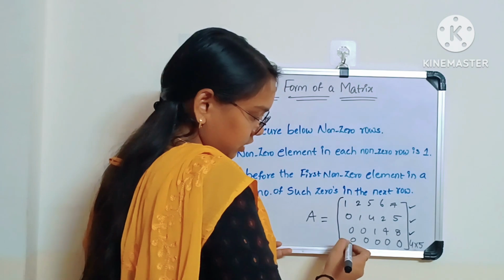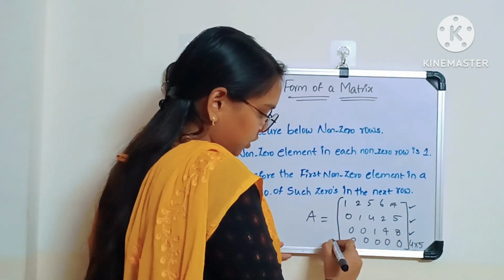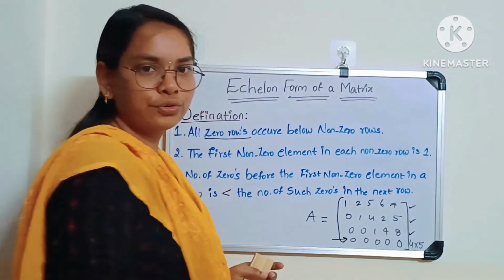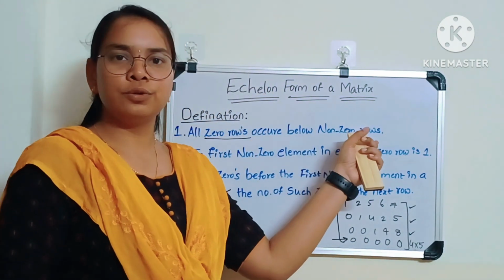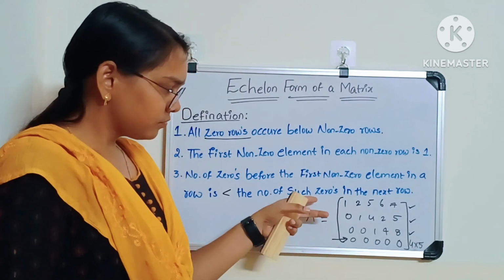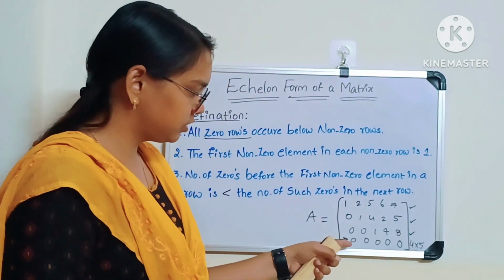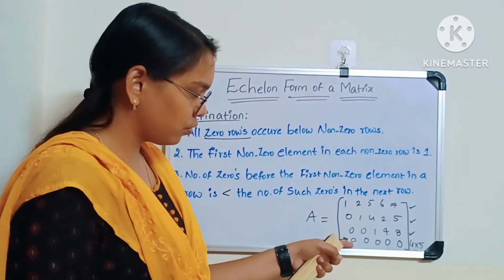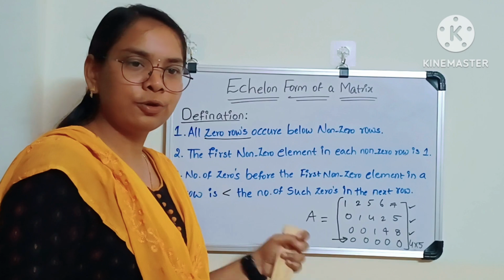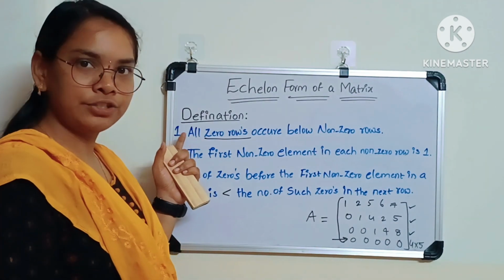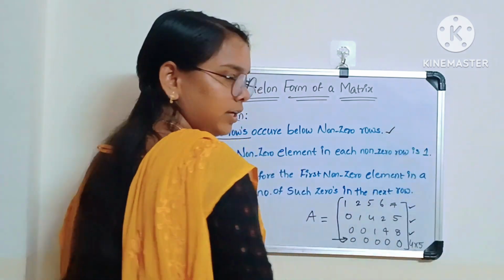In the last row we have complete zero elements, so this is a zero row. The condition says all the zero rows occur below non-zero rows, so this zero row should be below the non-zero rows. The first condition is satisfied here.